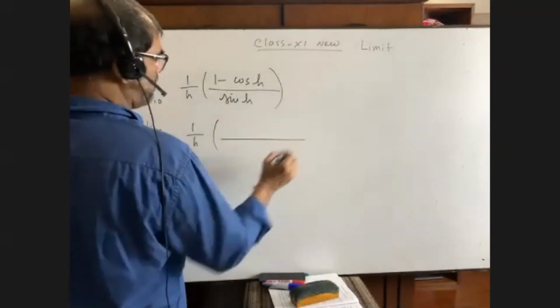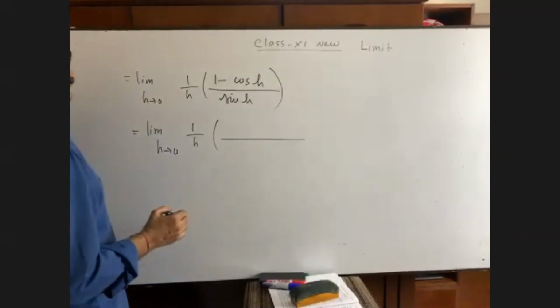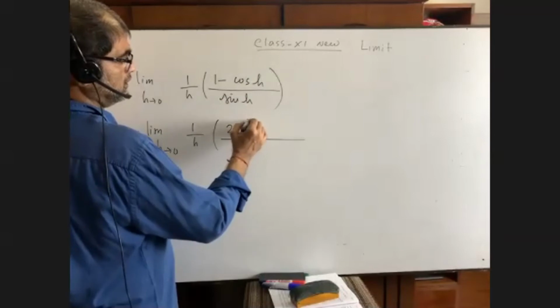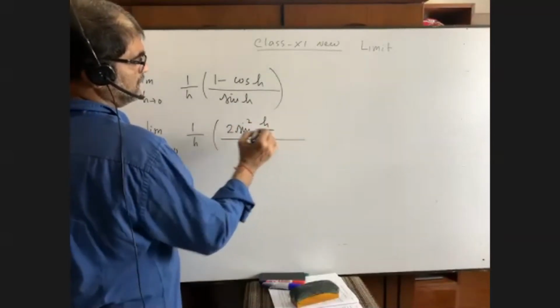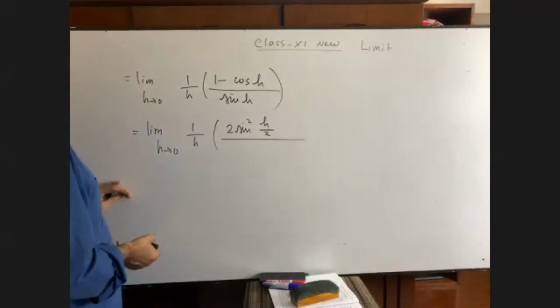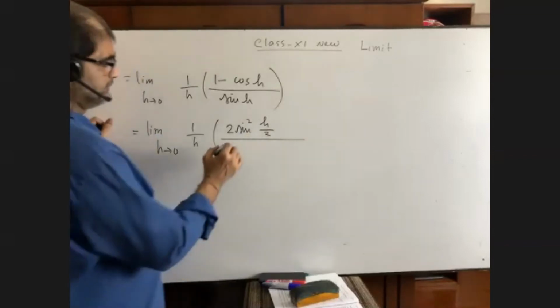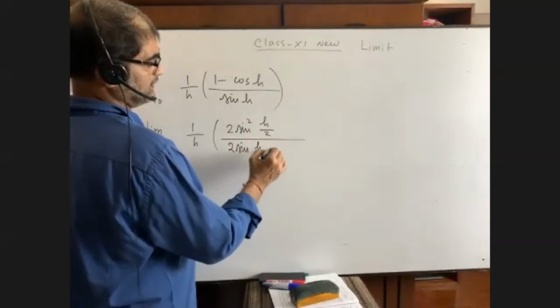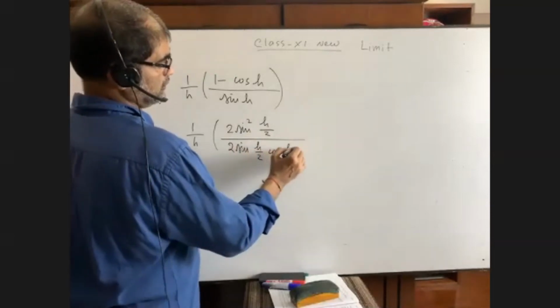What is the formula? 1 minus cos theta is 2 sine square theta by 2. Now what is sine theta? It is 2 sine theta by 2 cos theta by 2.